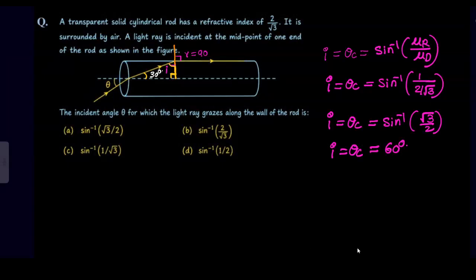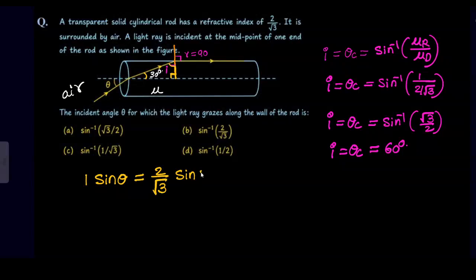We apply Snell's law. This medium is air, and this one has some refractive index. So we can say 1 into sine theta is equal to 2 by root 3 into sine 30.